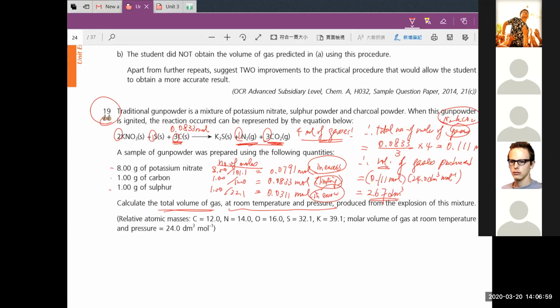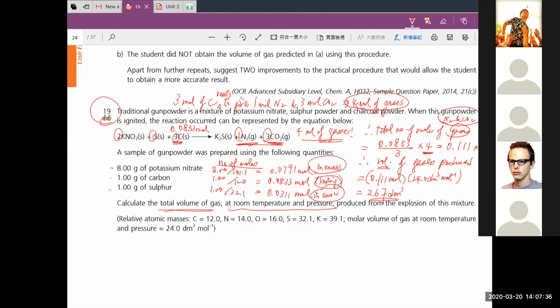If all the carbon is consumed, then carbon is limiting. So you use this to project the number of moles of gas formed. Because 3 moles of carbon react to give 1 mole of N2 and 3 moles of CO2, which means 4 moles of gases. So you just multiply it by 4.